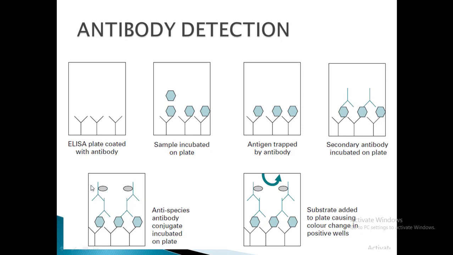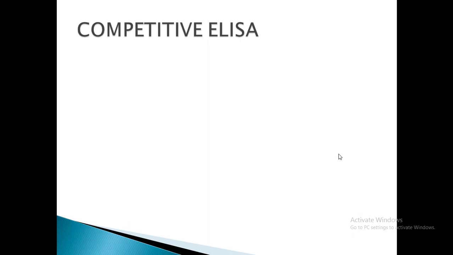Since the anti-human globulin antibody is conjugated with enzyme, we apply the substrate which gets converted to a colorful product. This is why it is called a triple antibody sandwich complex: 1, 2 and 3 antibodies being used. So this is TAS, or triple antibody sandwich ELISA, used to detect antibodies in the patient sample.